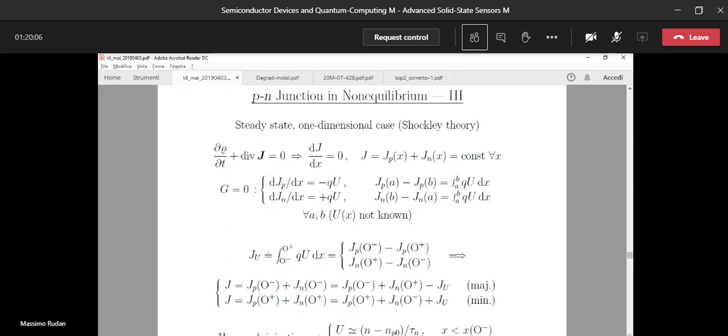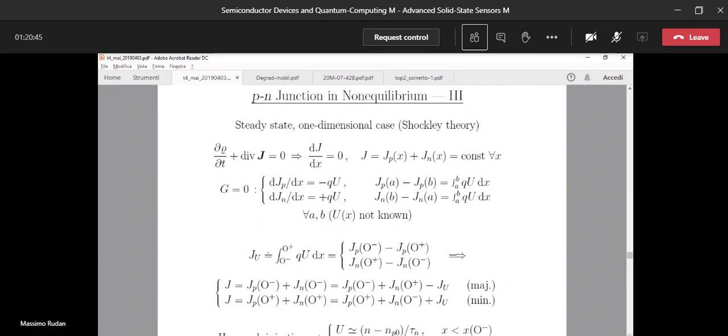We don't know it yet, okay? But we know that the sum is a constant at each position, is the same constant at each position x in the p-n junction. This is useful because this result tells you that if you succeed in calculating the total current density J in one position, then it will be the same in all other positions. Okay.